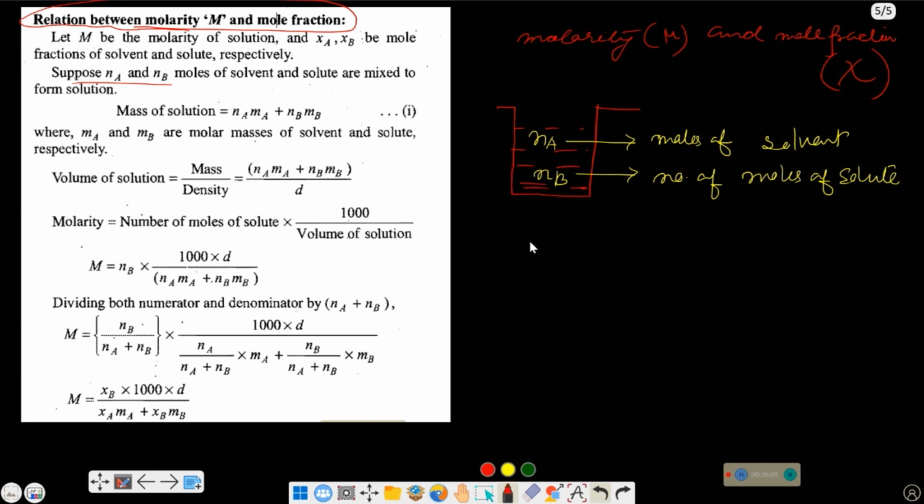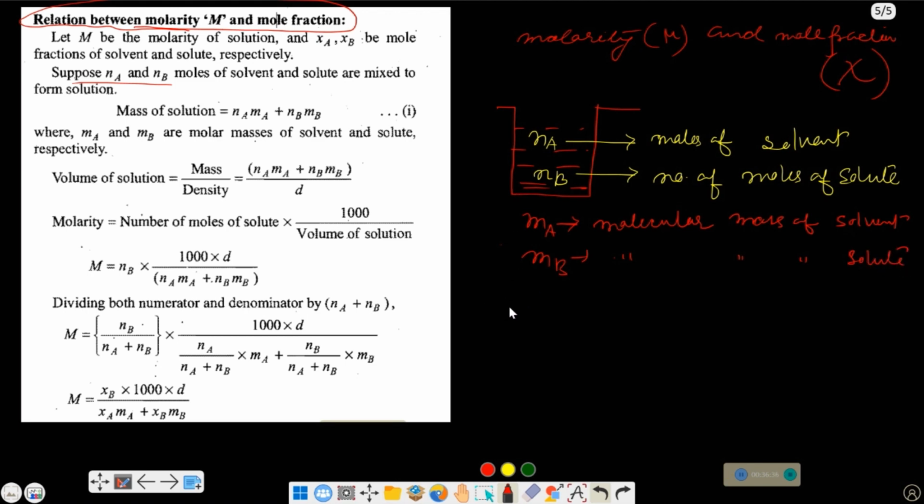Then the total mass of the solute will be how much? Can we find it out? How? Along with this we also know that MA is the molecular mass of solvent, and MB is the molecular mass of solute.